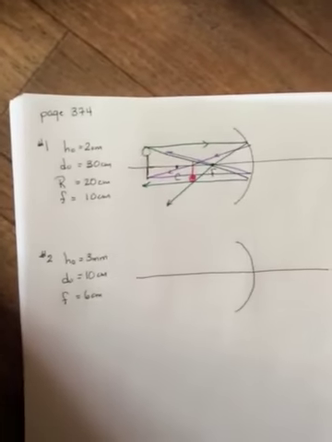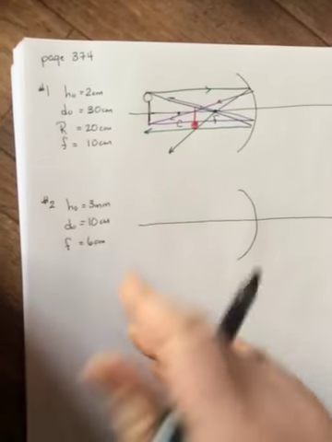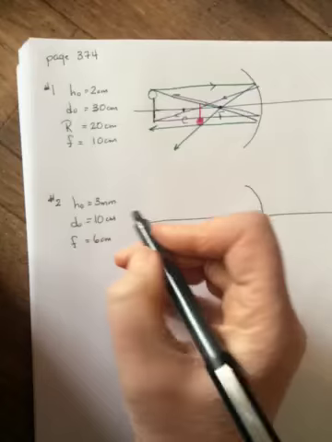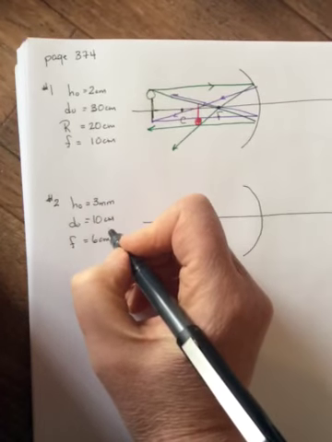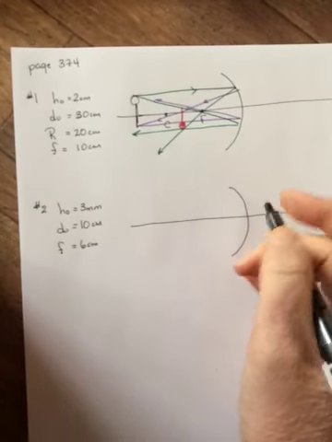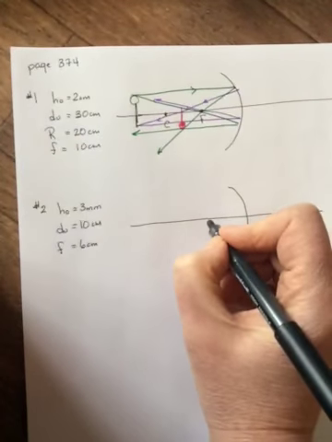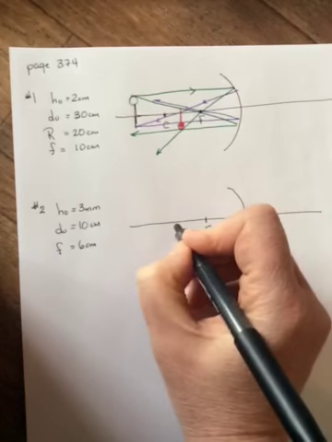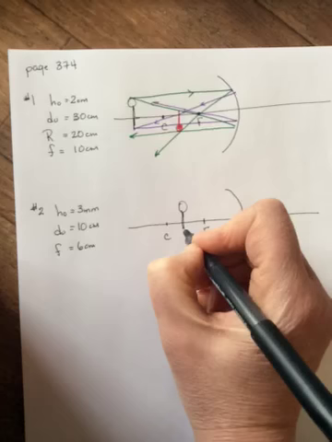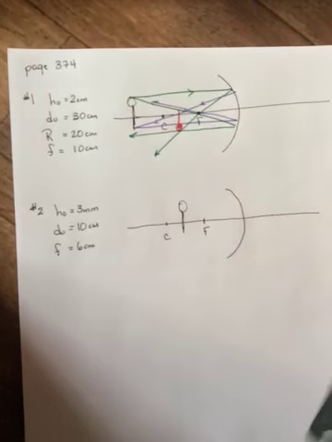Okay, number 2. Number 2 says, using a ray diagram, we have an object that's 3 millimeters, a DO, it's 10 centimeters away from the mirror, and the F is 6. So here's my F, and here's my C, and my object is in between, right? Between 6 and 12.